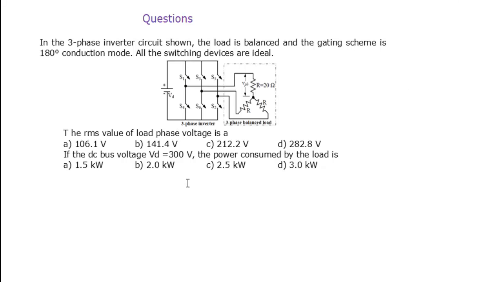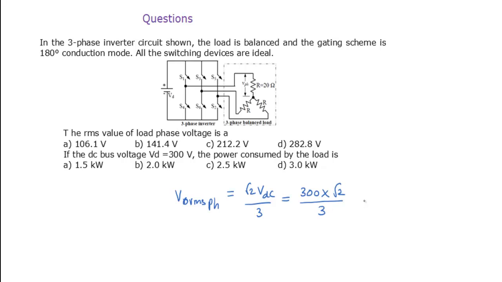If you remember the equations we discussed in the previous videos, you can actually get that. For 180 degree conduction, the RMS value of the phase voltage is root 2 VDC by 3. Substitute the values. VDC is given in the question as 300. So 300 into root 2 by 3.